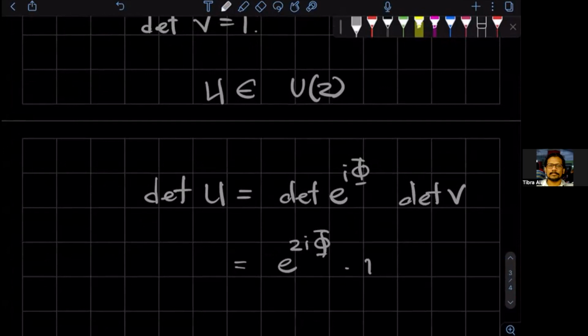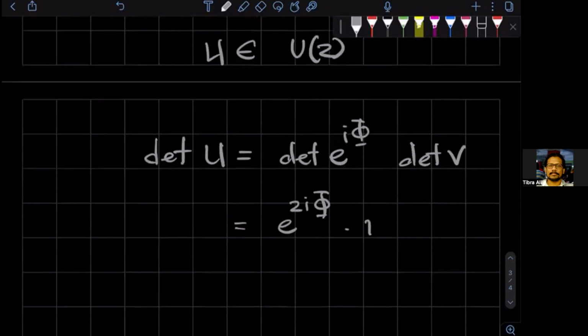So what we are saying is that we are using up our freedom to set this phi equal to 0.